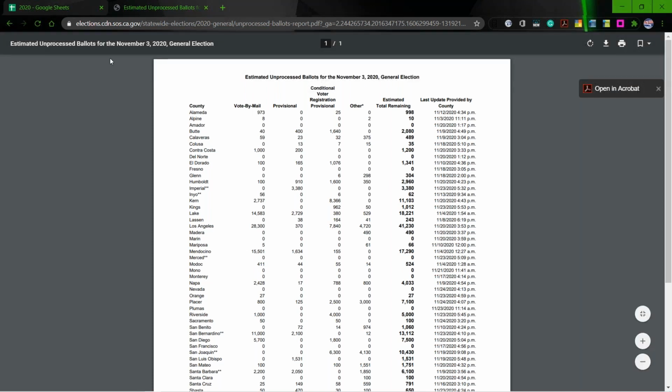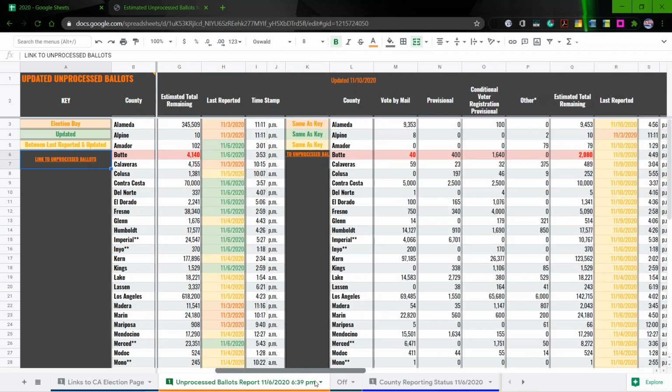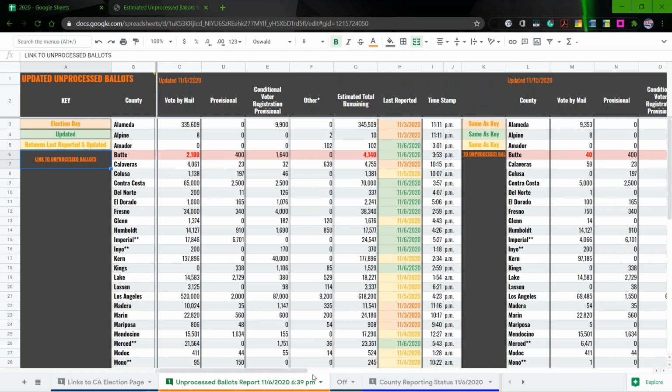We're going to be looking at November 6th and November 10th. I copied this information into a spreadsheet, and as you'll see, I even included the last reported and the timestamp. This is information for unprocessed ballots for the dates of November 6th and November 10th. Those are the two dates we're going to be looking at.